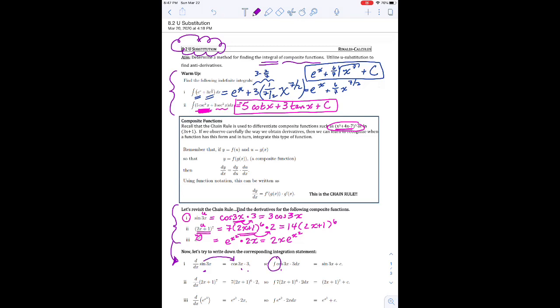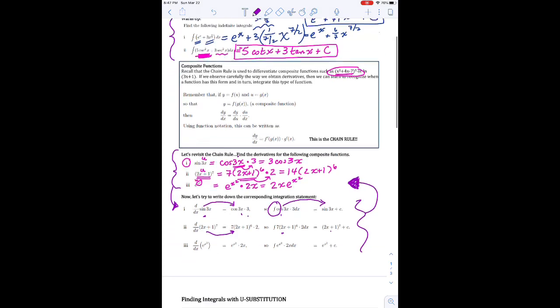This symbol tells us to go backwards, right? Find the guy who had that derivative. So similar, since this guy's derivative is this, then his antiderivative is 2x plus 1 to the 7th. So finding the original. This bottom section is just a repeat and a relationship clarification of what was going on up here. Okay, so we should be ready to move on.